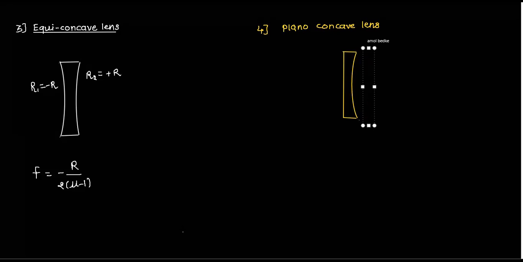This is plano concave lens. Now for this, R1 is equal to infinity for this surface, and R2 is equal to R, that is plus R. In this case, if you want to find focal length, direct formulas I have given in the note points. Keep it in mind: F is equal to R divided by 2 into mu minus 1.